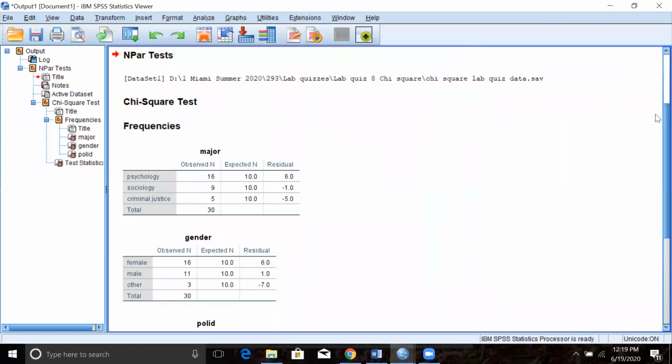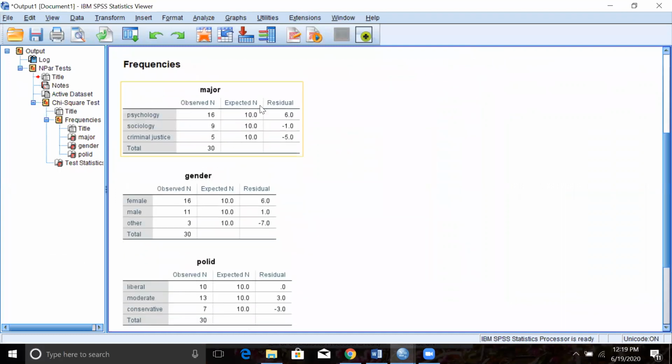And our results, right? We have the actual frequencies. So the chi-square evaluates observed frequencies against expected. If the null hypothesis is that there will be equal counts per category, you see that there's an equal expected N in all 3 of your levels, for major, gender, and polyid.